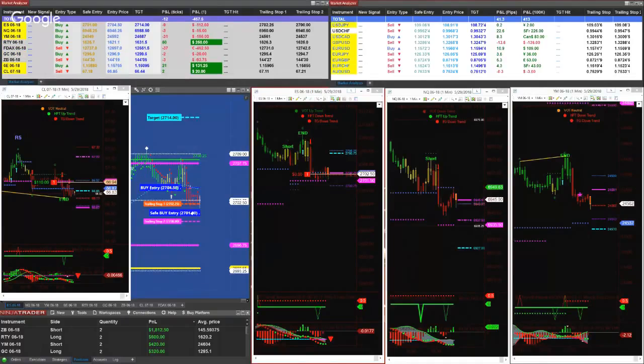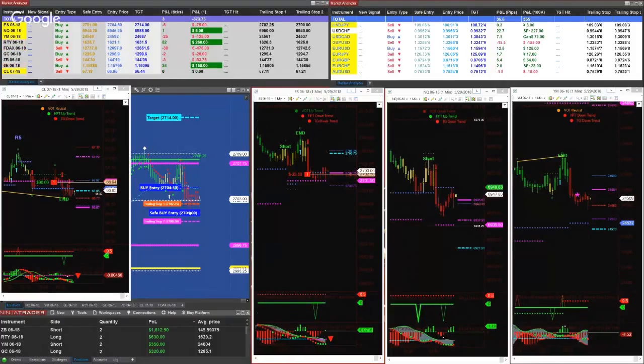You can see from the movement on the ES, we're still in the same range, trying to break this 27.0150. Really choppy.